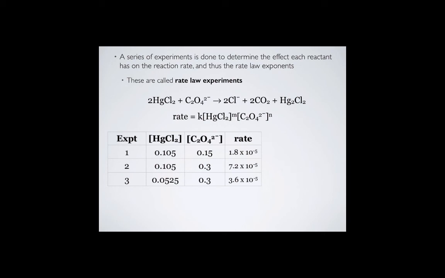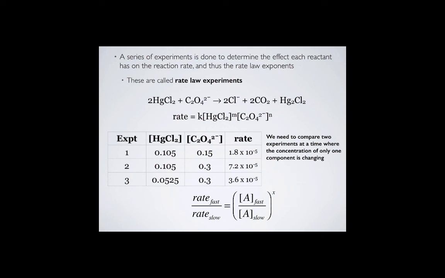And again, we see the rate change there. So again, we're always comparing two experiments at a time, and we do this to see what effect changing the concentration of only one reactant had on the rate.